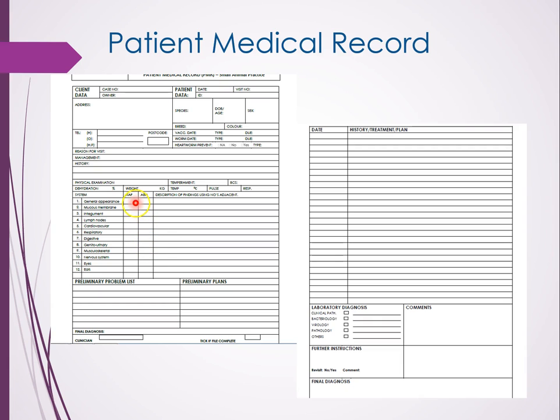All right, so NAF stands for no abnormal finding, and ABN stands for abnormal. So you can just tick there if there's no abnormal findings, or you can tick below abnormal, and then describe what kind of lesion, what kind of condition that you actually detect from your examination.